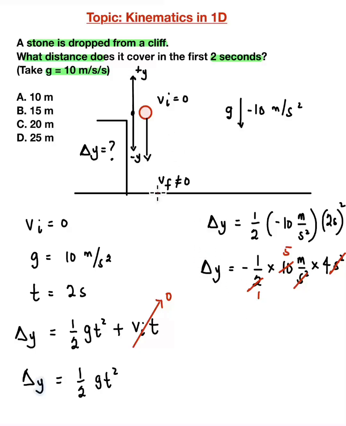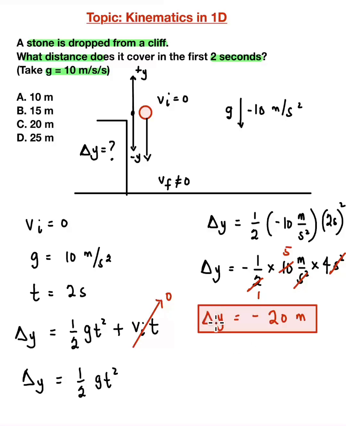So with this, we can simplify our vertical displacement, which is delta y is equal to minus, so 1 times 5, which is 5, times 4, which is 20, and then meters. Okay, so that is the units. So this will give us the vertical displacement traveled by this stone in the first 2 seconds of being released from rest.